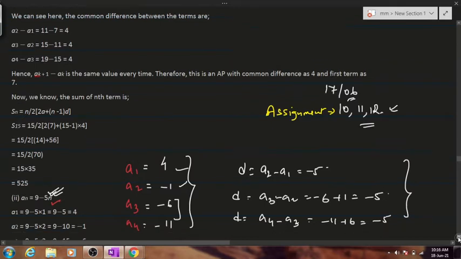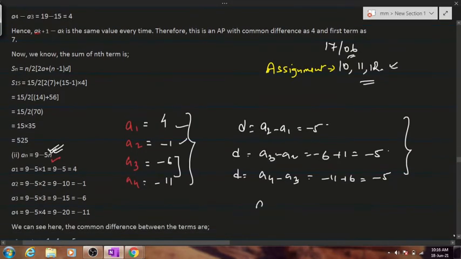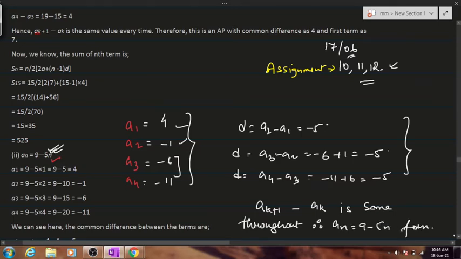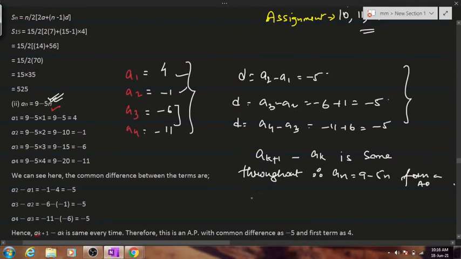All of the common differences are the same, so we'll say that a(k+1) minus a(k) is the same throughout. Therefore an is equal to 9 minus 5n forms an AP. Clear?